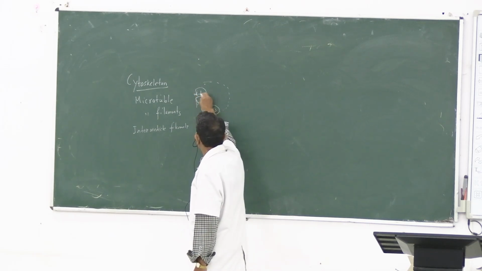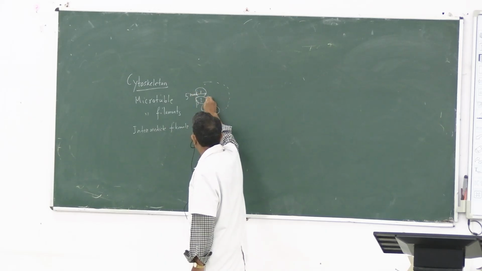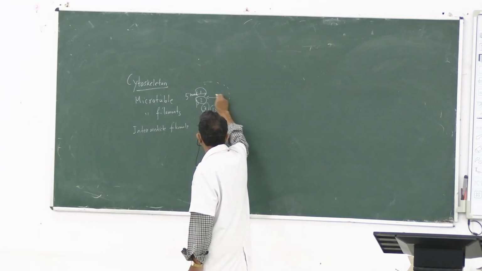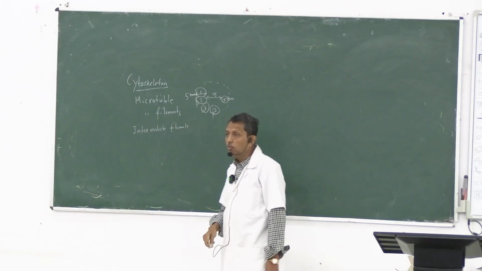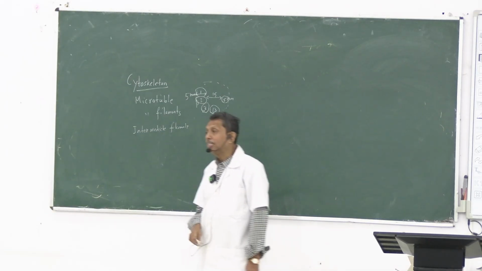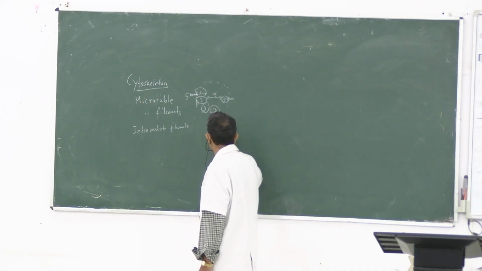This is 5 nanometers, and this is 15, another 5 nanometers. That is their dimension, with a lumen. They are formed of alpha and beta tubulins.